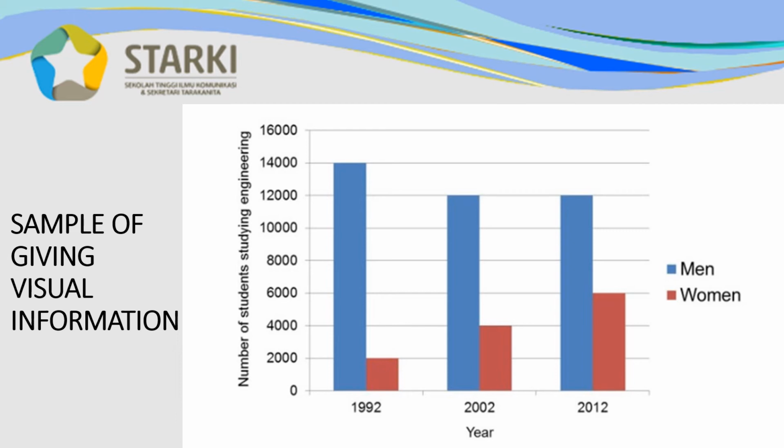The vertical axis shows us the number of students studying engineering, and the horizontal axis represents the year at 10-year intervals, or decade, studied from 1992, then 2002, and 2012.